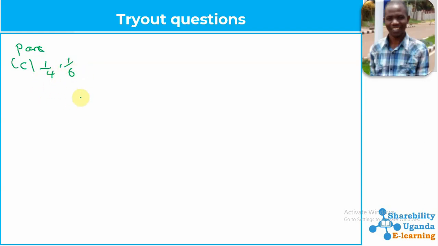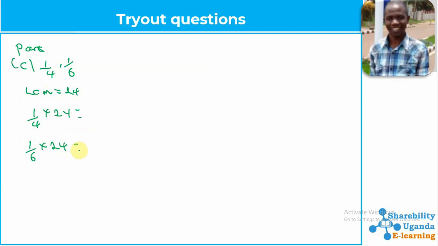Which factor is that? Okay, let's just get the LCM. We shall get 4 times 6, which is 24. So we say 1 out of 4 times 24. Then 1 out of 6 times 24.